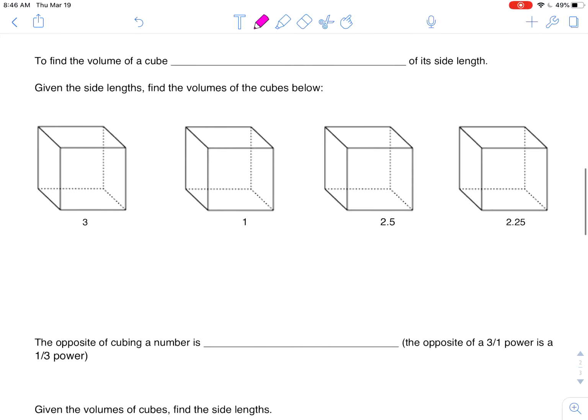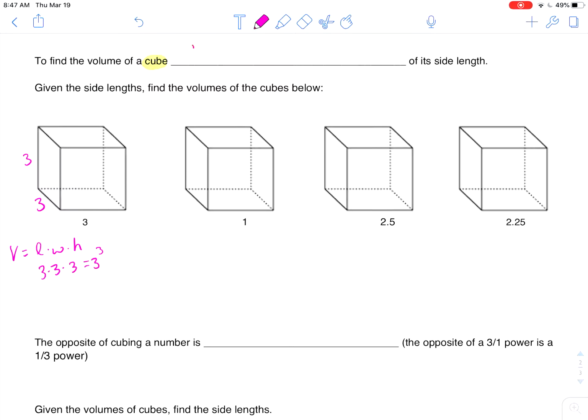All right, now let's check out some volumes. So to find the volume of anything, we've got length times width times height, but same thing here, cubes all have the same side length. So this ends up being 3 times 3 times 3, or 3 cubed.